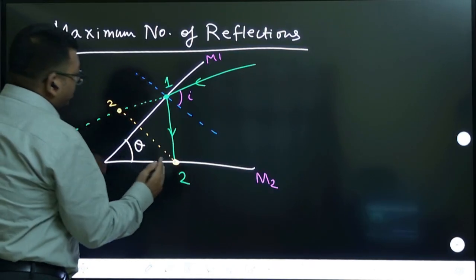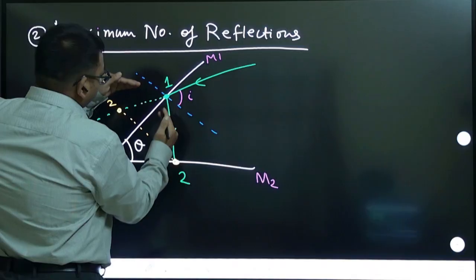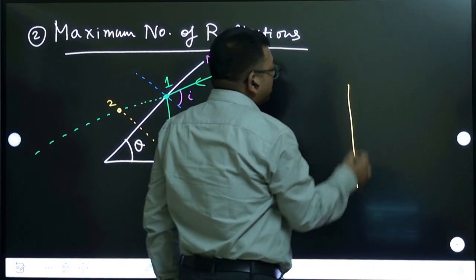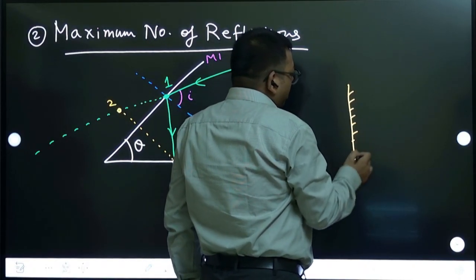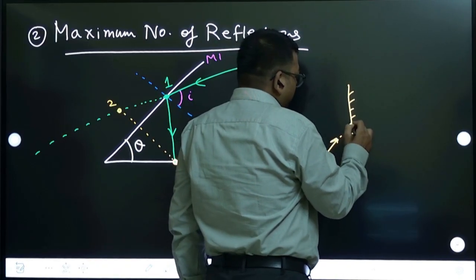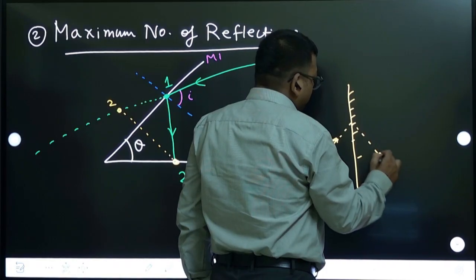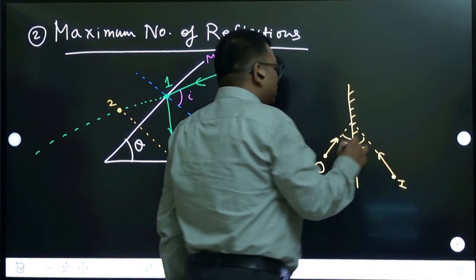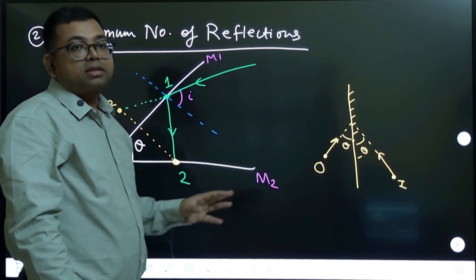Why? Because of symmetry: whatever angle it is making, the image makes the same way. You remember that? Suppose there is a plane mirror, and an object moving this way; the image will also move this way, exactly the same. If this angle is theta, this angle is theta. This concept you know.